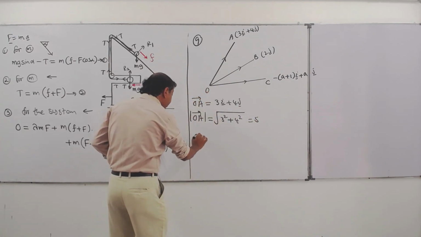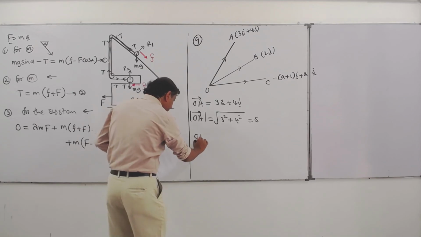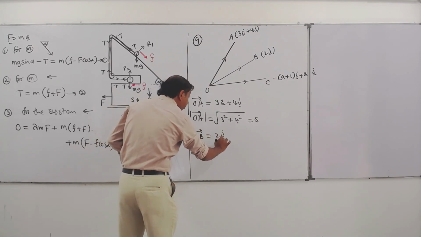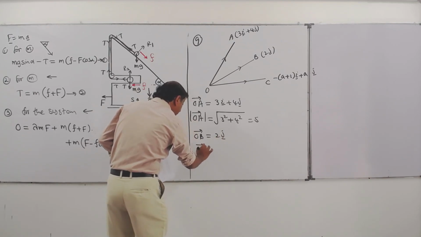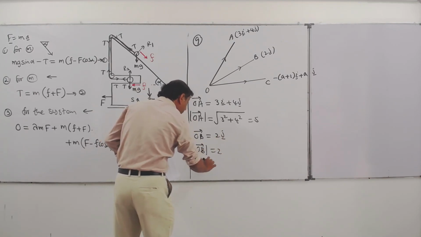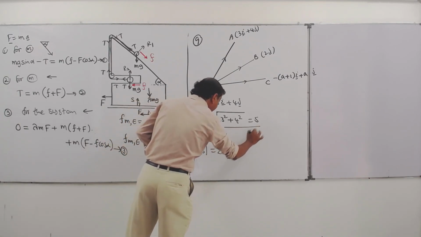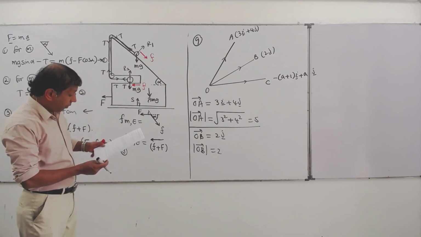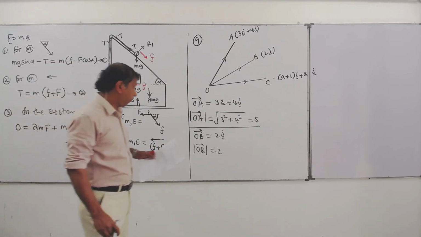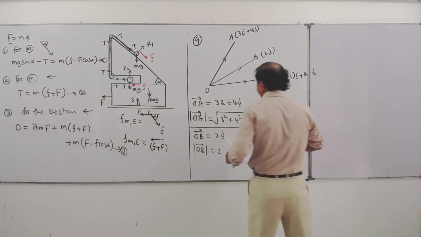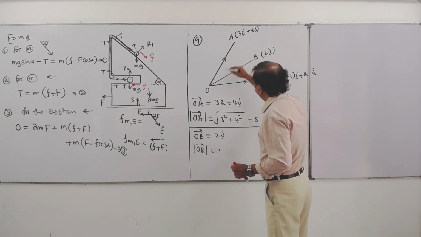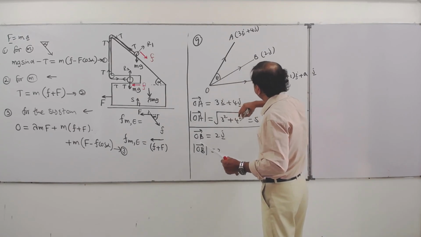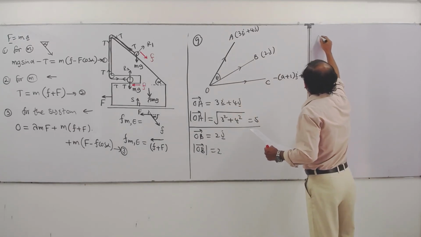OB vector is 2j. Then the OB vector modulus is 2. Right. Now we can write this way. Asked to find the angle AOB, let us take this angle as theta.